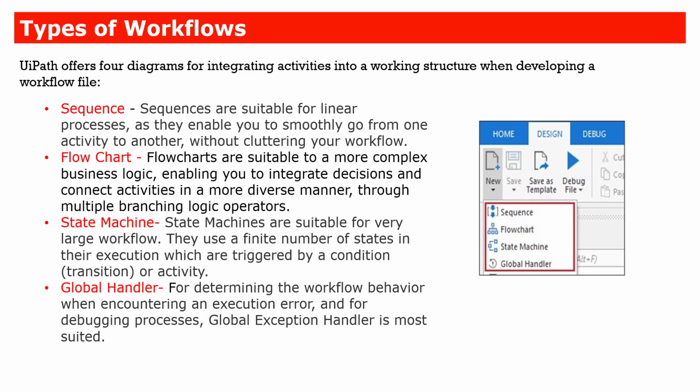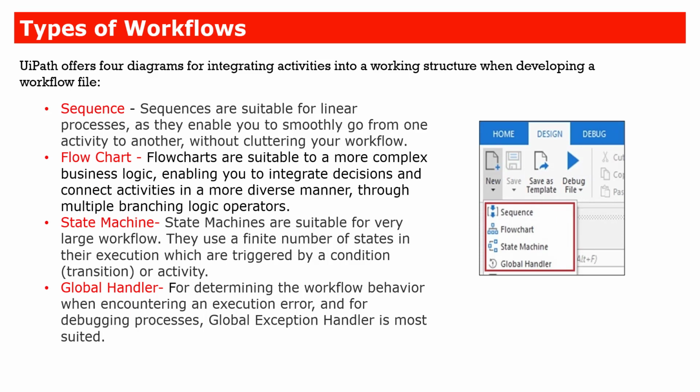The global handler is for determining workflow behavior when something has to be handled globally. Like if something goes wrong, like an execution error happened, right? And we need to send an email with a screenshot, those kinds of behavior you can define in a global handler.